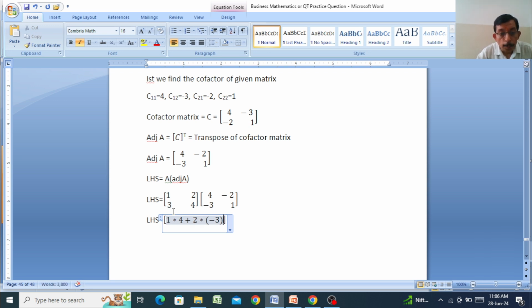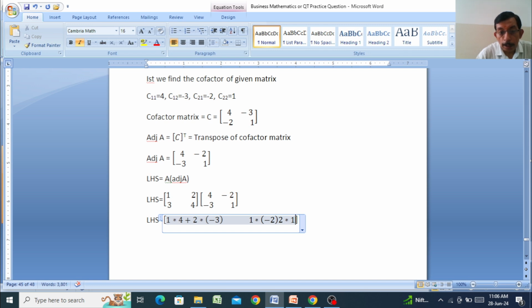Now the first row multiplied by the second column, then we get the first row, second column element: 1 multiplied by -2 plus 2 multiplied by 1, and the first row, second column multiplication is complete. Now no more column in the second matrix.